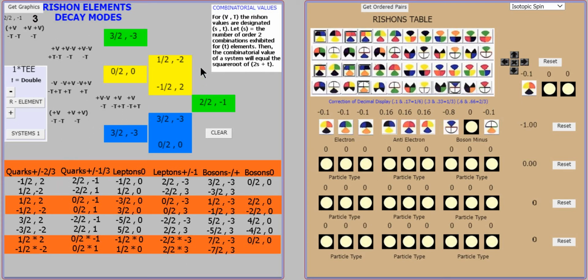Again, we can change the particle-antiparticle pair and produce different decay products for the boson minus.